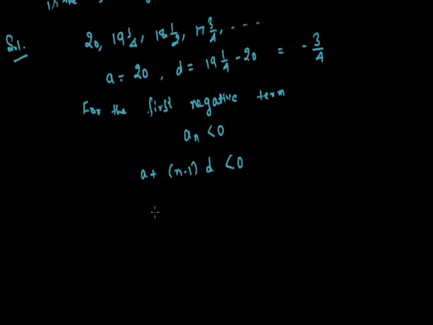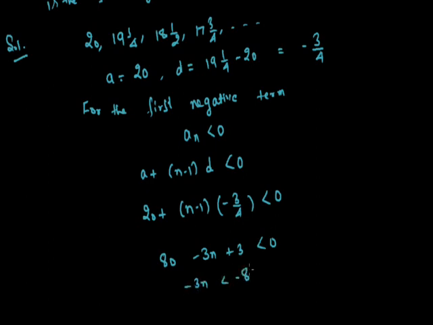Now a is 20 plus n minus 1 multiplied by minus 3/4 less than 0, or we can say 80 minus 3n plus 3 is less than 0, or you can say minus 3n is less than minus 83.